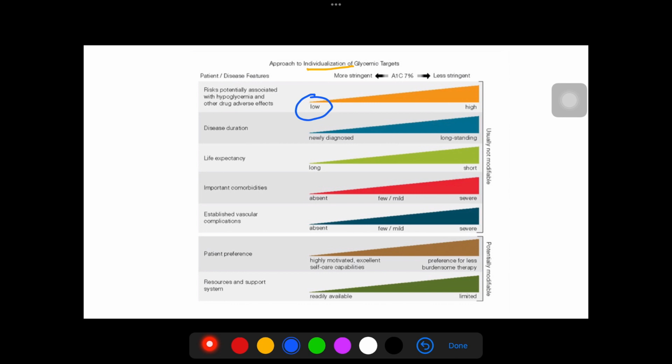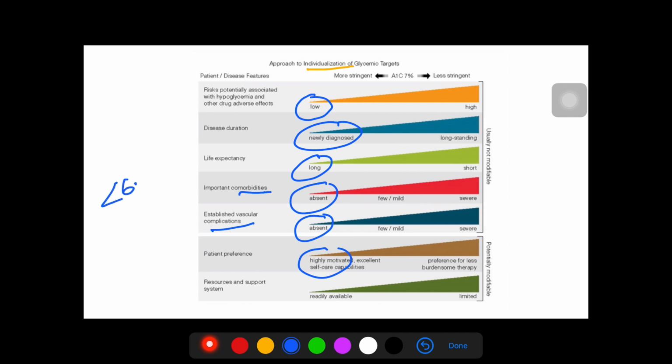HbA1c targets have to be individualized. In a diabetic whose risk of developing hypoglycemia is low, who is newly diagnosed with long life expectancy, without any important comorbidities, and without established vascular complications, and if the patient prefers, try to keep HbA1c less than 6.5%. That is desirable.